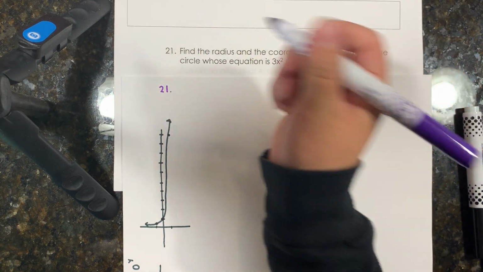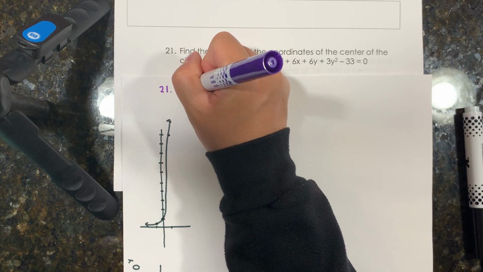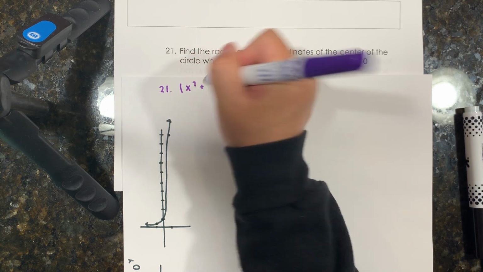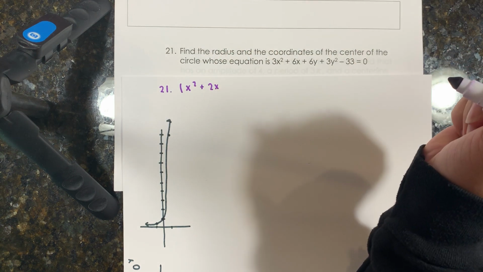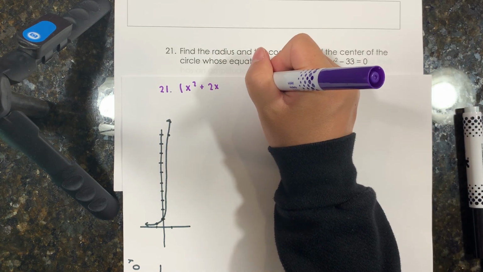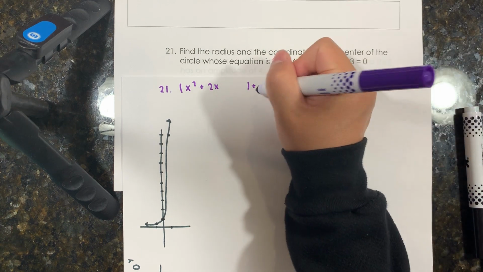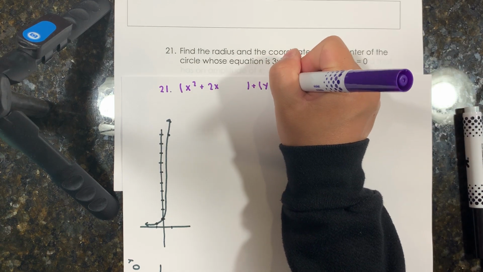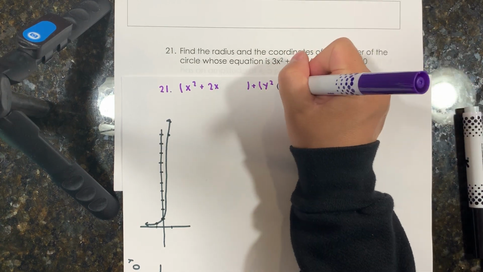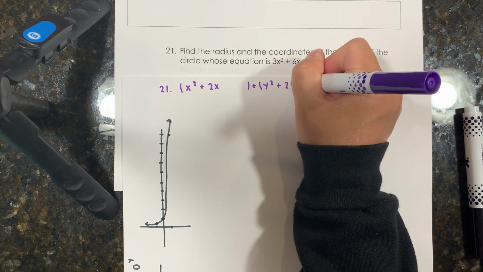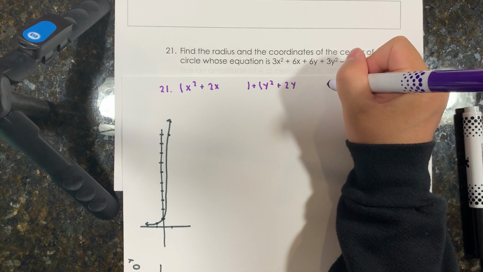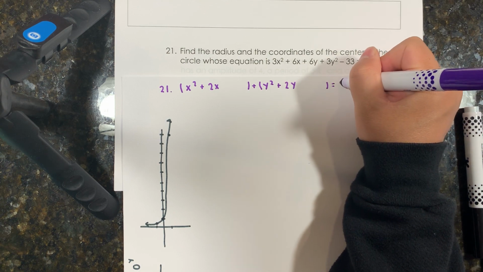So when I do that, and then I put the x's together, that would be x squared plus 2x, and then plus y squared plus 2y. It would be equal to 11.